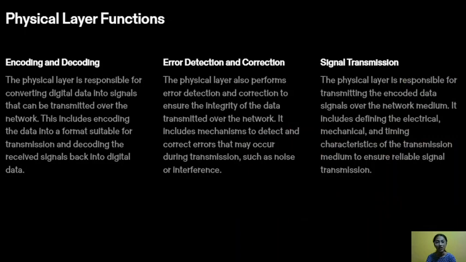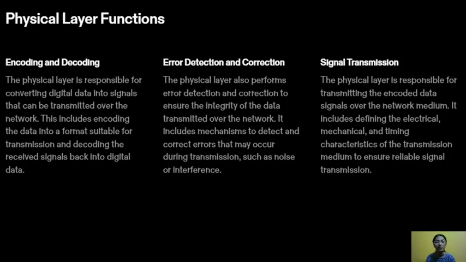How does the physical layer function? The first one is encoding and decoding, where the physical layer is responsible for converting the digital data into signals that can be transmitted over the network. This includes encoding the data into a format suitable for transmission and decoding the received signals back into digital data.